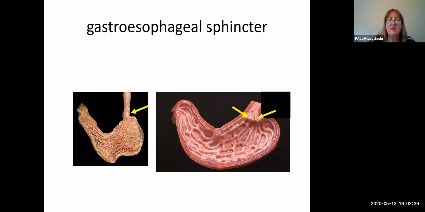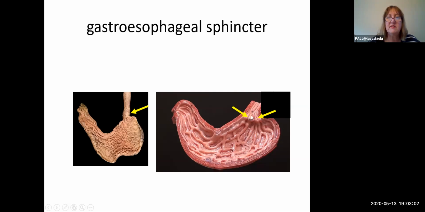Looking at the stomach, you can see that it's J-shaped. It's a little bit left of the midline and comes over towards the right upper quadrant in this J shape. When you look at the J shape of it, you can see that the superior portion forms a curve that is shorter than the inferior portion of the stomach.